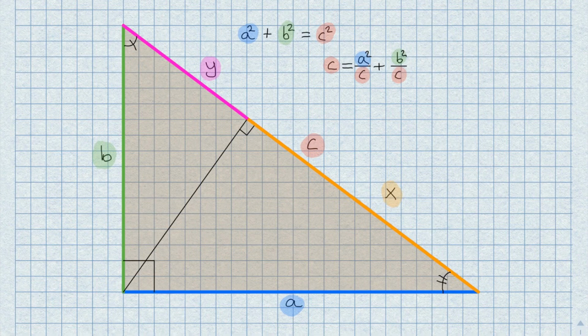Simplifying the denominator on the right hand side allows us now to move the c to the left hand side, and we get c multiplied by itself, that is c squared. And on the right hand side, now only the sum of a squared and b squared. And thus we have proved the Pythagoras Theorem.